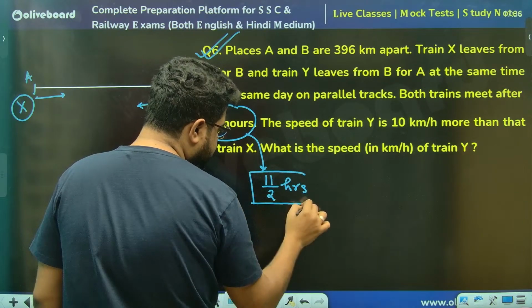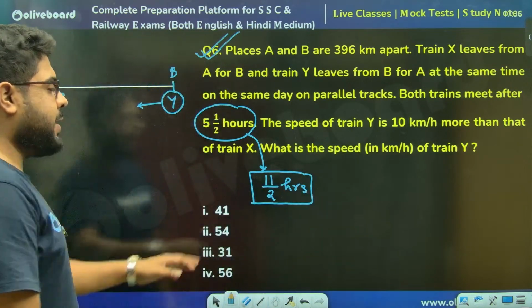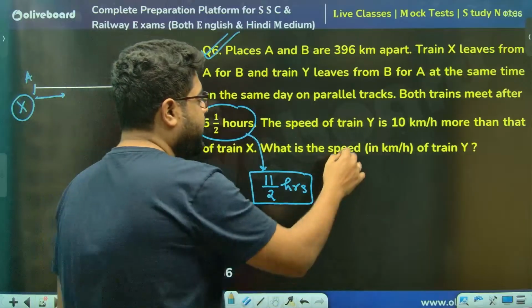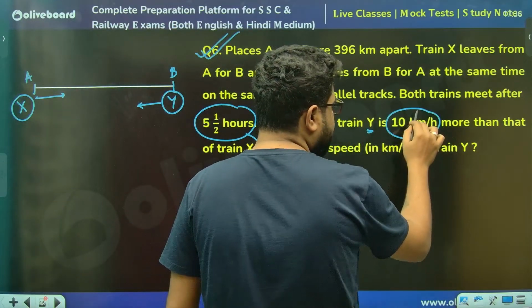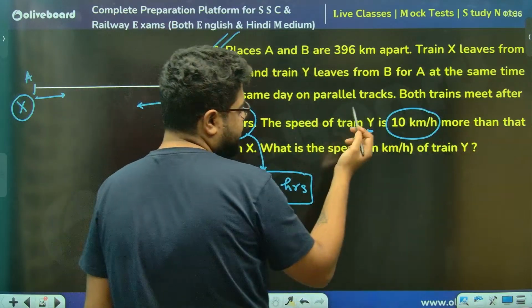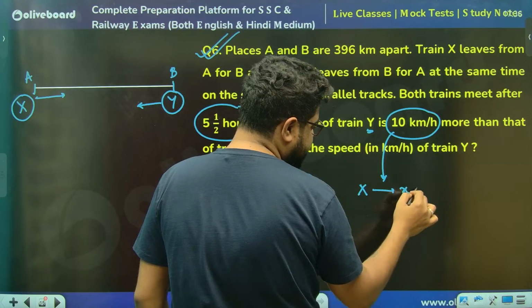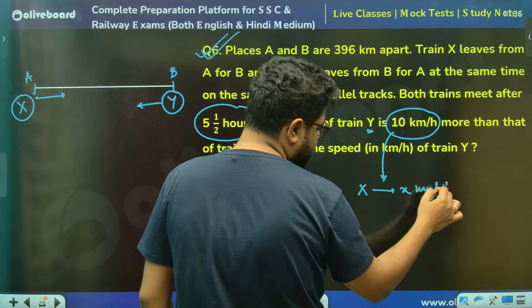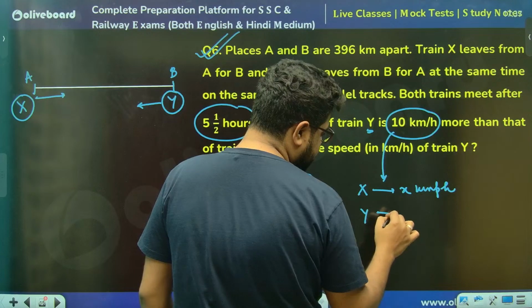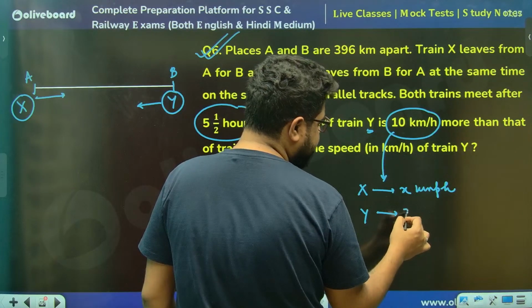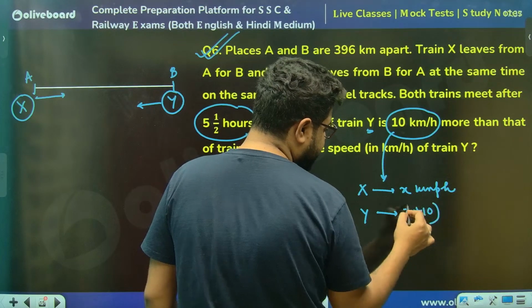Now, train Y is 10 more than train X. So if I take the speed of X as x kilometers per hour, then the speed of train Y will be x plus 10 kilometers per hour.